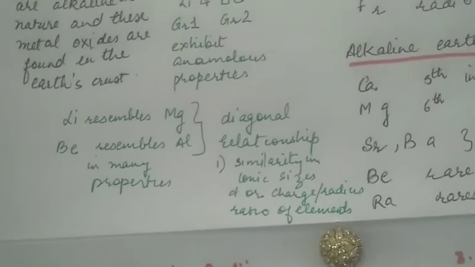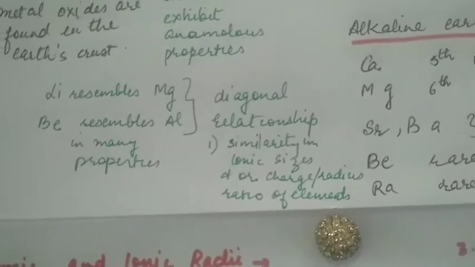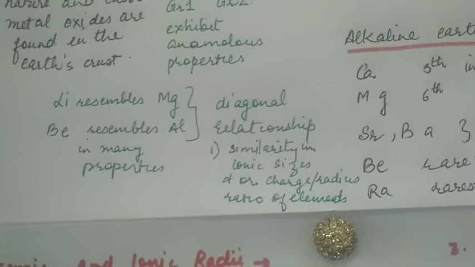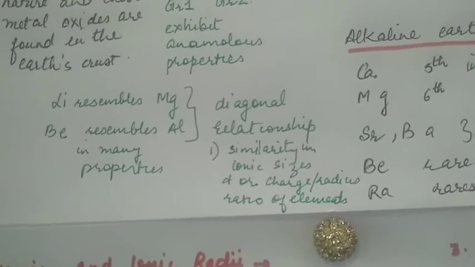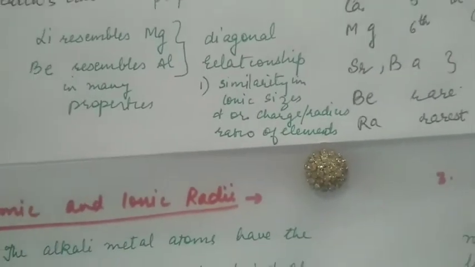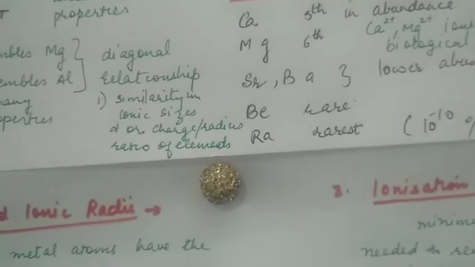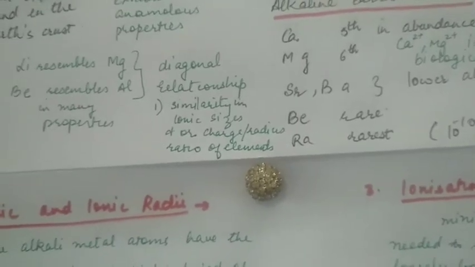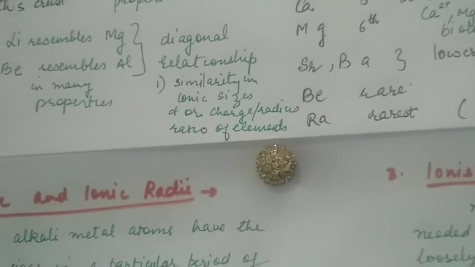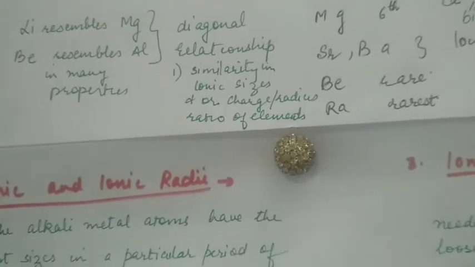Another unique relationship is seen: lithium resembles the second element of the next group placed diagonally to it, that is, it resembles magnesium. Similarly, beryllium resembles aluminium, which is diagonally placed to it in the periodic table. This relationship is called diagonal relationship, which is because of similarity in ionic sizes and charge radius ratio of elements having the same properties.